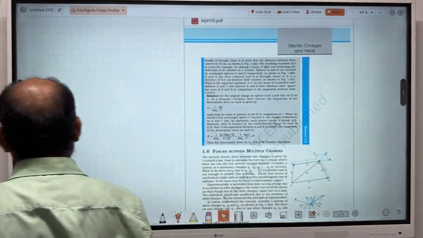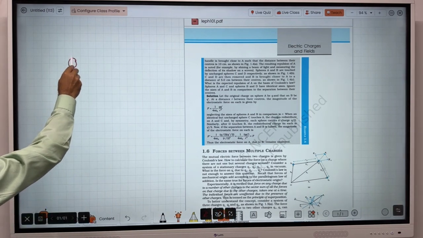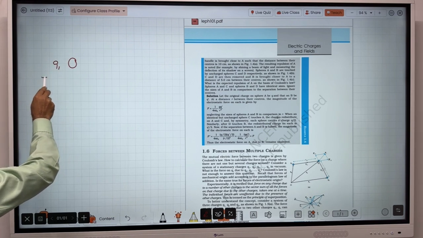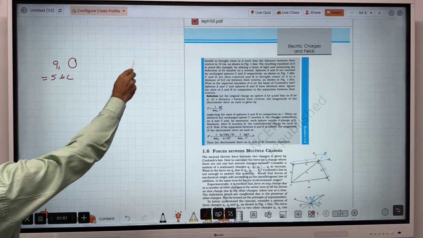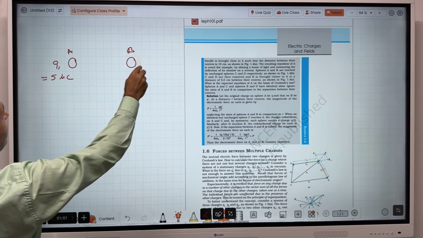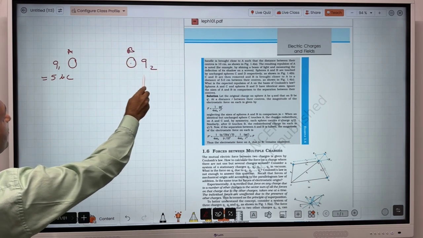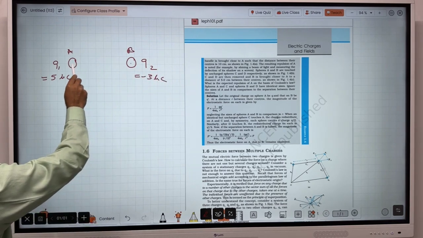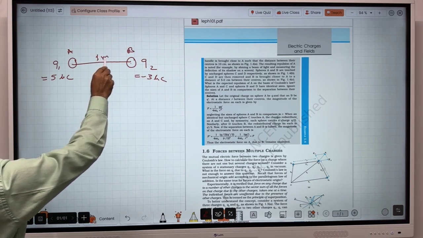So here we imagine the situation that suppose this is a body having charge Q1, let's take its value say 5 microcoulomb. There is another body here, so this is body A, this is body B. Suppose it has charge Q2, say it is -3 microcoulomb, and the separation between their centers is suppose 1 meter, for ease of calculation.